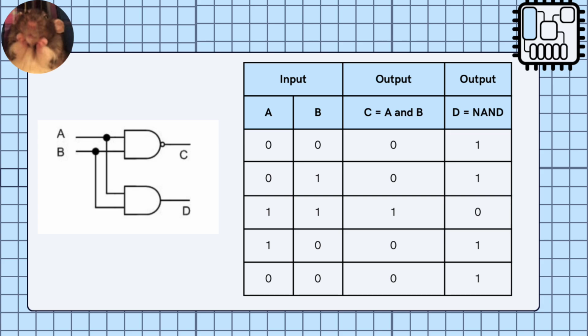First of all, as you can see, the input of A is 0, the input of B is 0, and the output of C is 0.